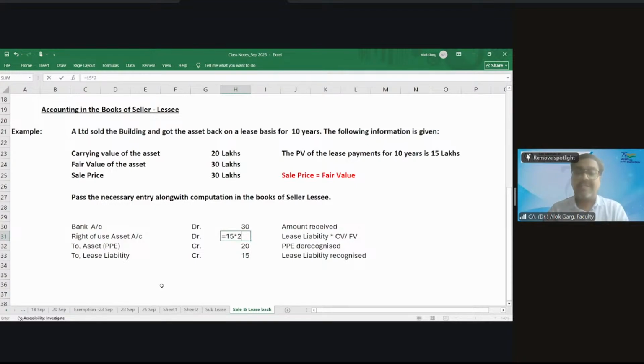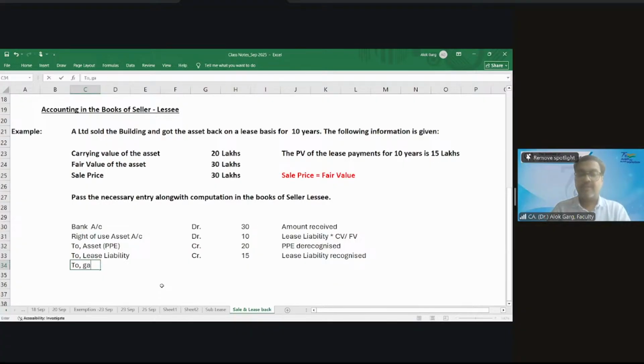You are de-recognizing an asset of 20 lakhs carrying value, but the market value is 30 lakh, right? So you have recognized the proportionate right of use asset for the period for which you are retaining the asset, which is 10 lakh. And where will the balancing figure go?